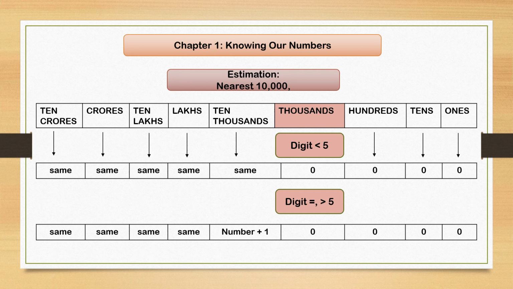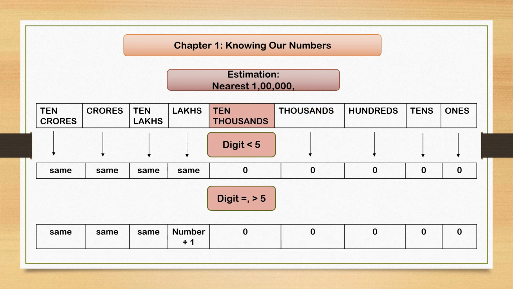Second rule, if the thousands digit is 5 or more than 5, we replace the digits on thousands, hundreds, tens and ones place by 0 and add 1 to the digit at the 10,000s place.